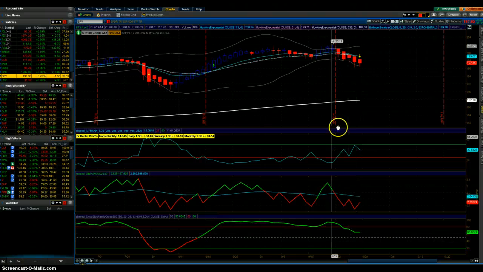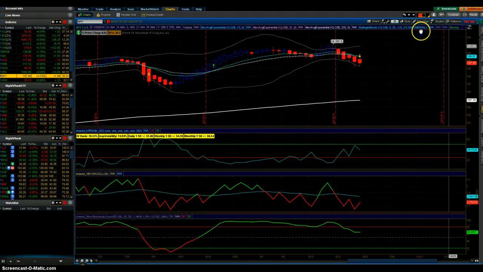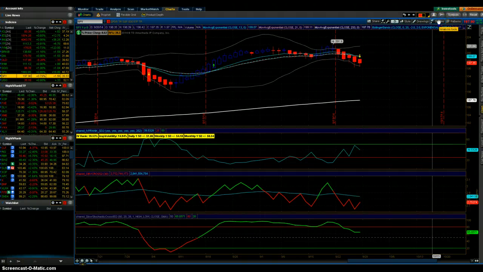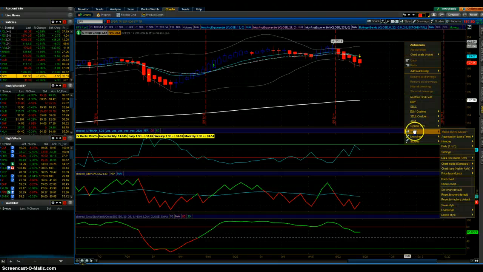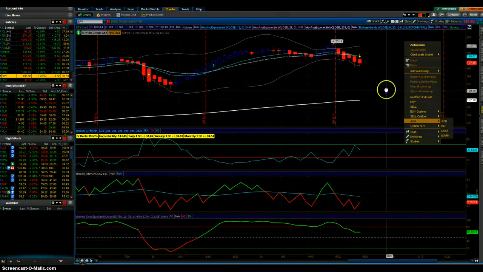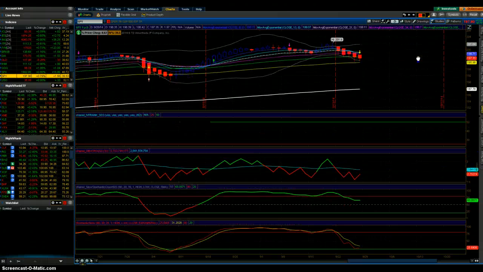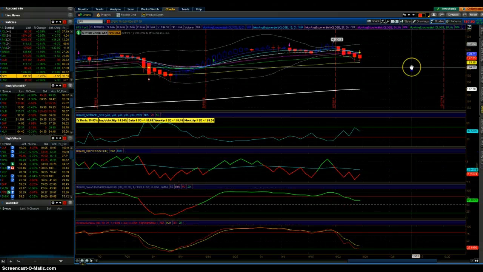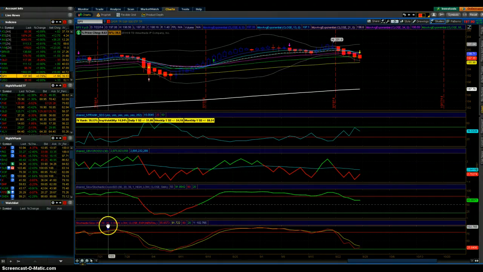You can look at other studies too, like if I add, I can make my chart really messy. I have 30 seconds. I'm gonna make my chart really messy, so I'm gonna load a study. I forgot what it's called. I'm gonna load the kitchen sink study set. So this has everything in it, but there's a different slow stochastic here. The normal 25.3.